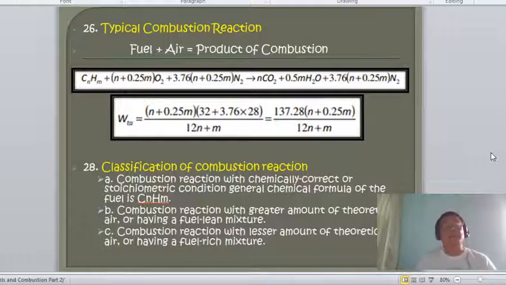So here is now the basic balanced equation of a hydrocarbon fuel.